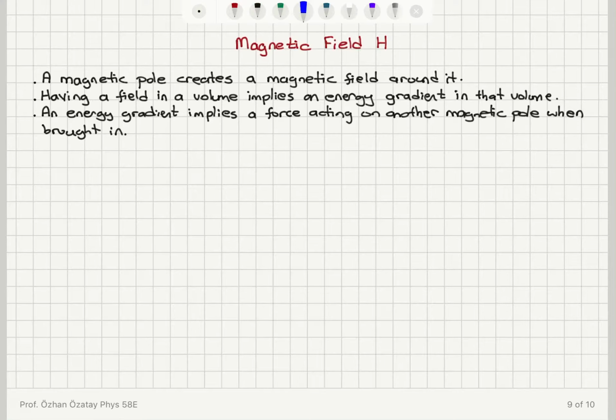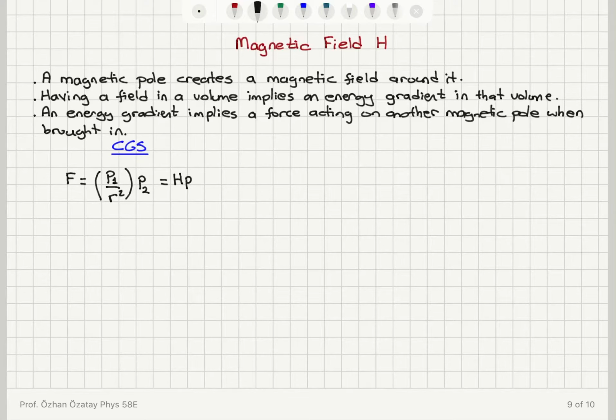So in the CGS picture, if I go back to the force that appears between two magnetic poles with pole strengths P1 and P2, this force was P1 P2 over R squared. Basically I'm just going to put P1 divided by R squared in parentheses and multiply it with P2, and with this interpretation P1 divided by R squared is what I call the magnetic field.